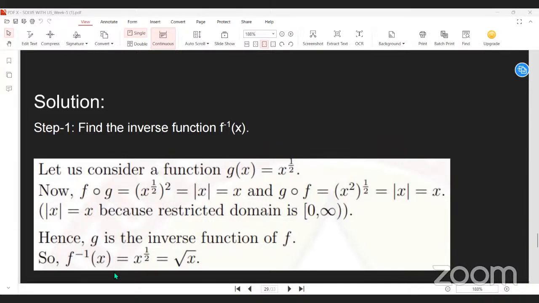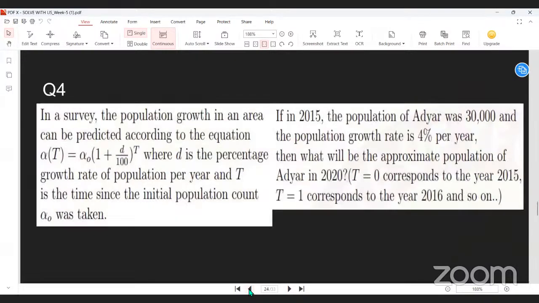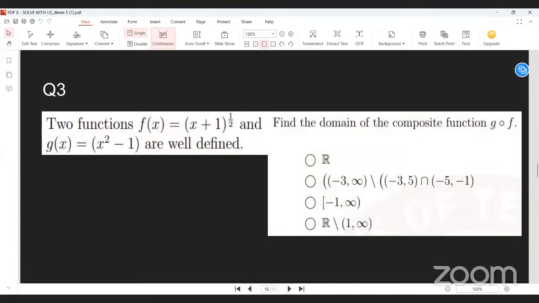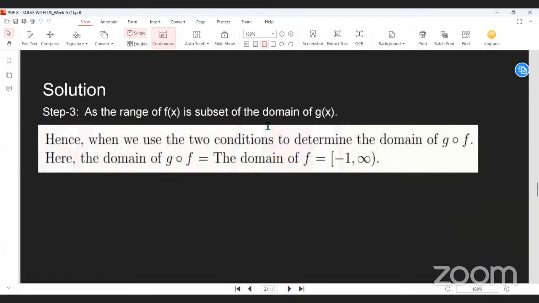Sir, question number 3, please tell me once again. Yes, step 3. This was about the range of f and the domain of g of x.